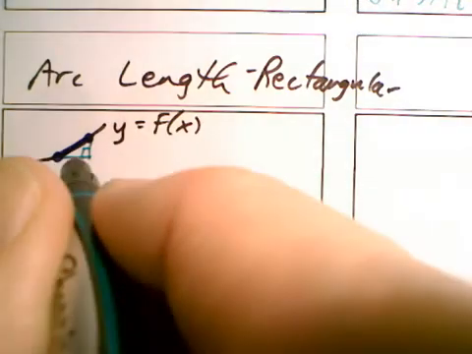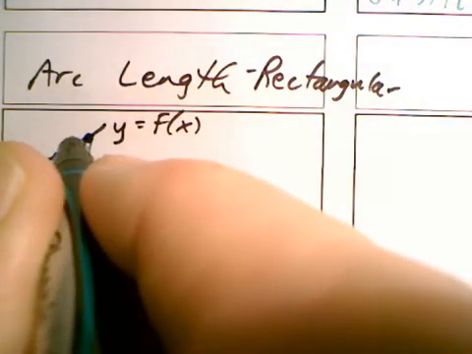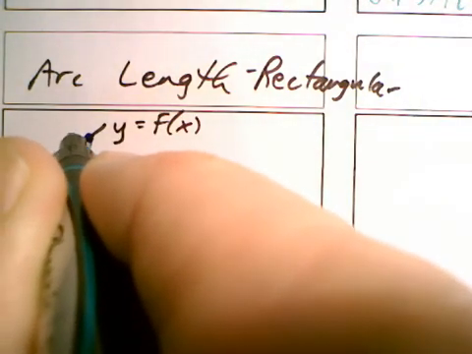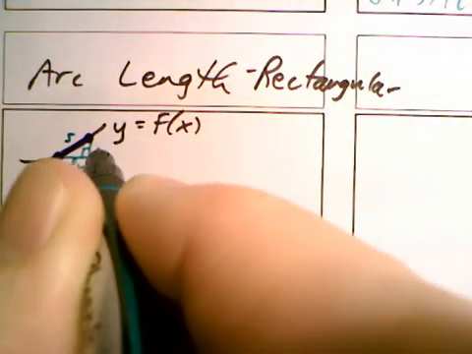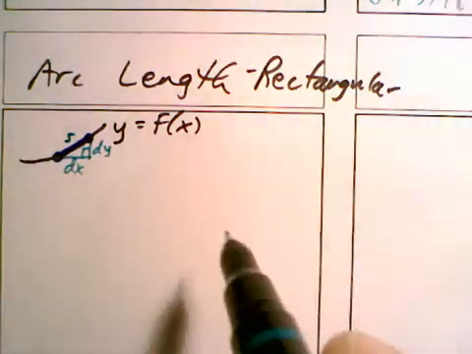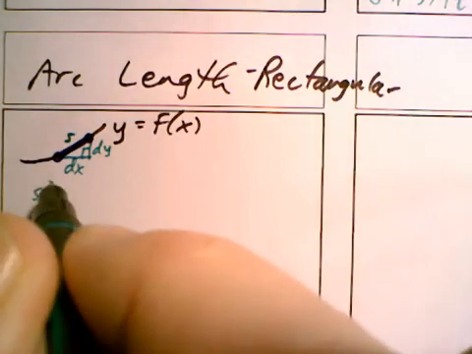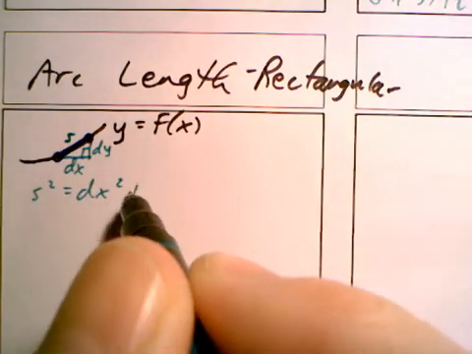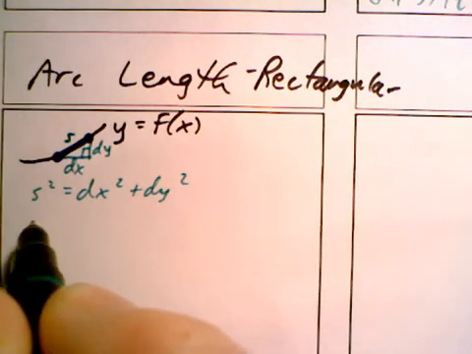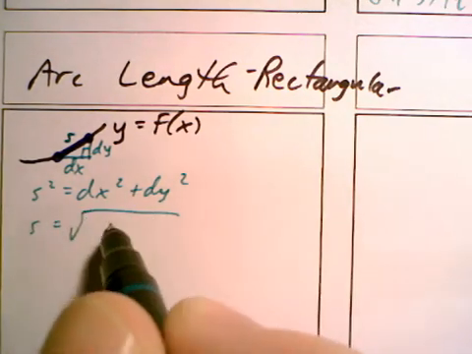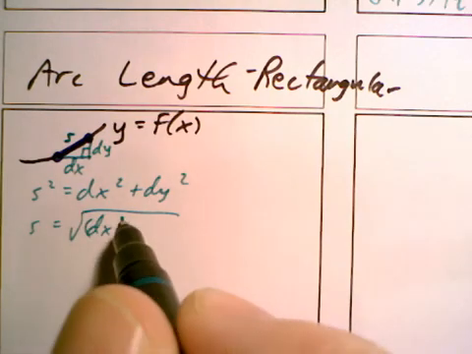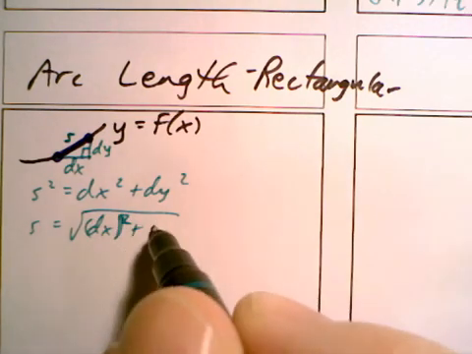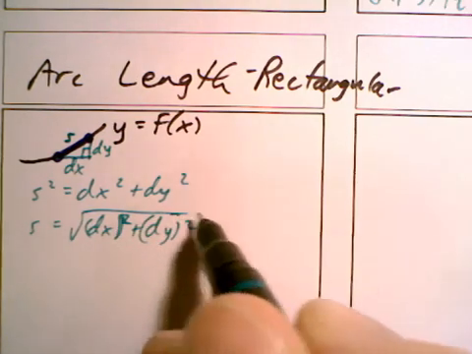Zooming in on this, if we want to figure out what the length of this line segment is, we can make a right triangle, and if you remember this dx there and a dy there, we said that s squared is dx squared plus dy squared. To find the actual length of s, we would square our dx and add to that the square of dy.